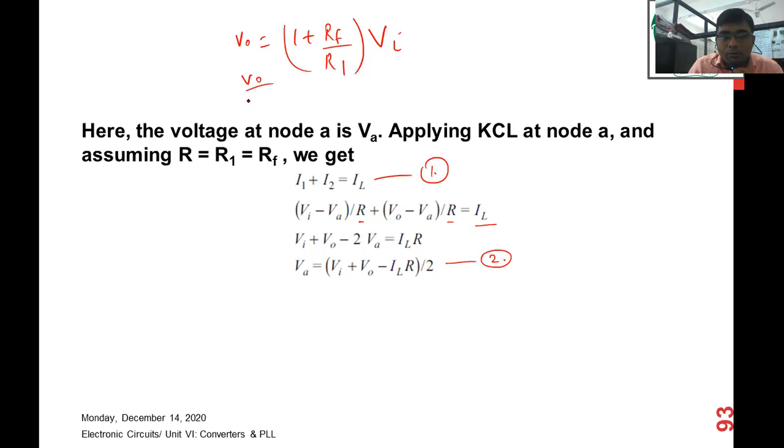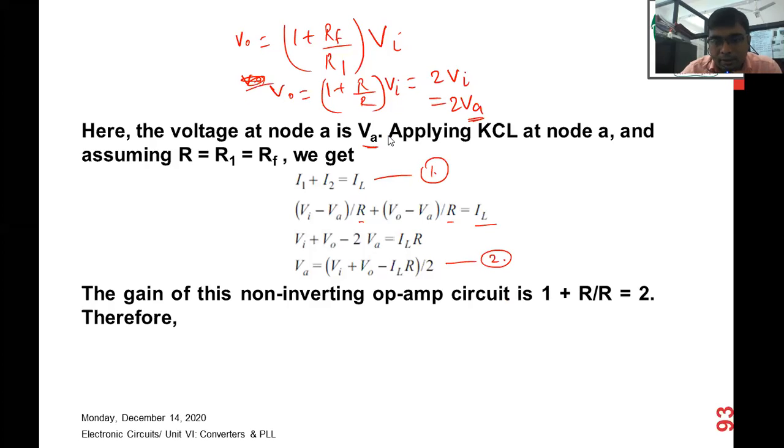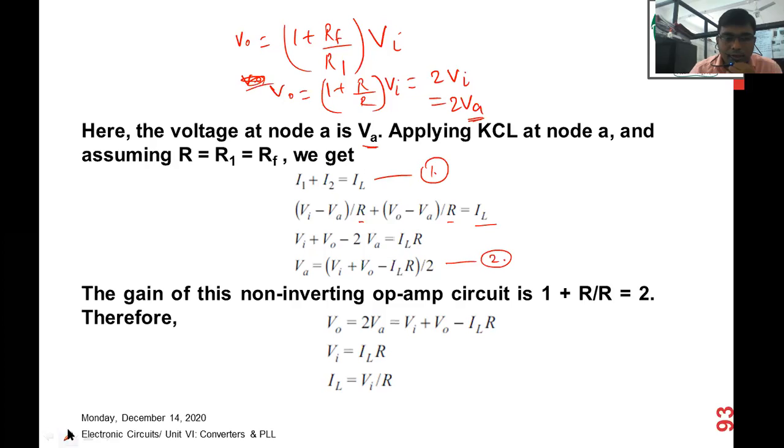So V0 is equal to, what are RF and R1 here? That is R. 1 plus R upon R into Vi means 2 Vi. And what is Vi here? It is the terminal voltage VA. So same it is mentioned here. So V0 is equal to 2 times VA.